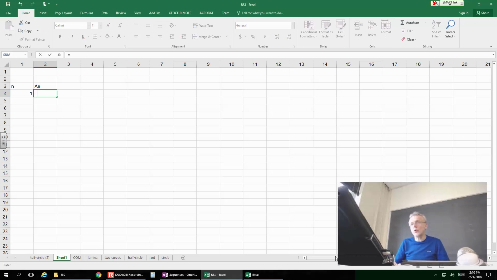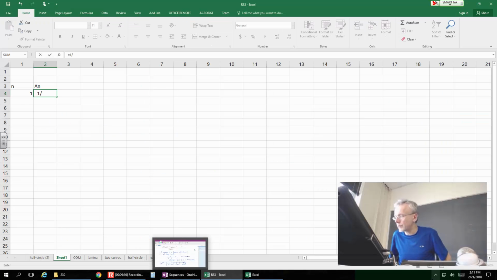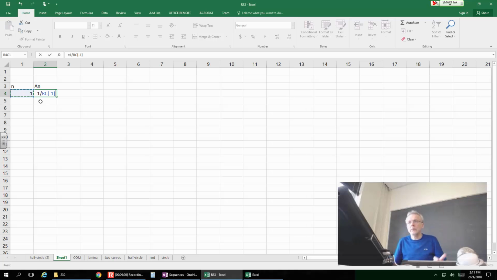So it's equal to 1 divided by this number. Okay, so RC minus 1 means same row, previous column. Okay, enter, so we have 1. And then I can have a few of them.